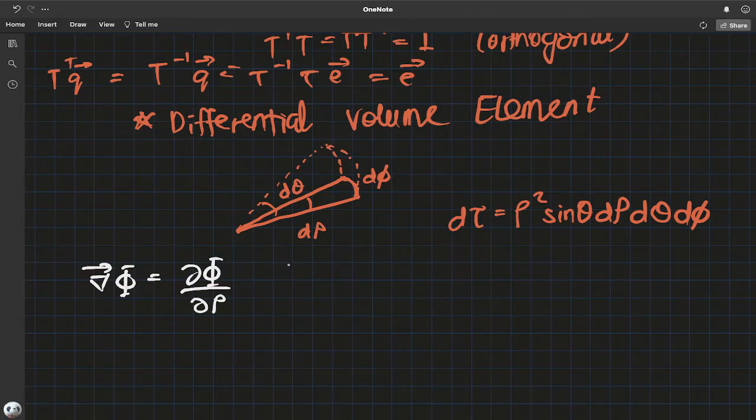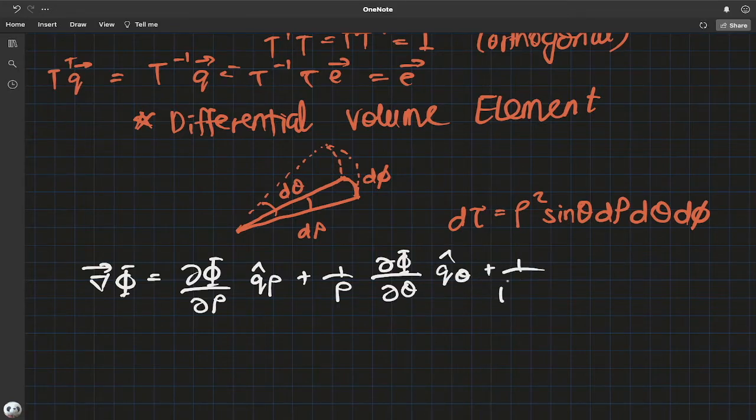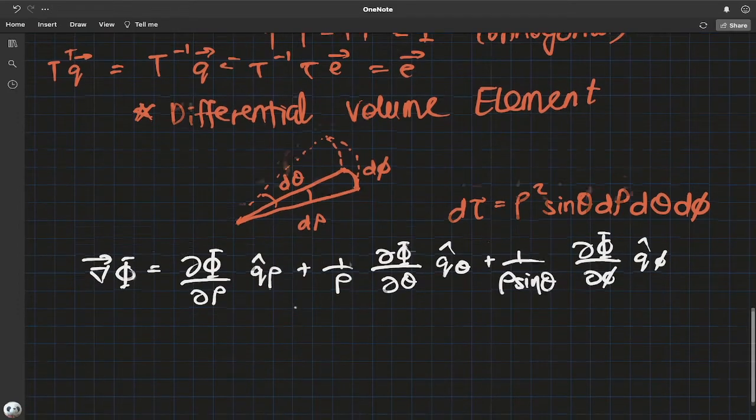This just becomes d phi with respect to rho, which has scaling factor 1, so don't divide by anything, Q sub rho, plus 1 over rho partial phi with respect to theta, Q sub theta, plus 1 over rho sine theta partial of big phi with respect to small phi, Q sub phi.